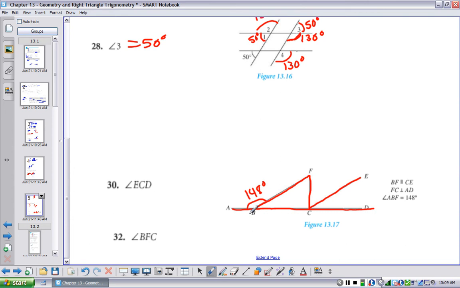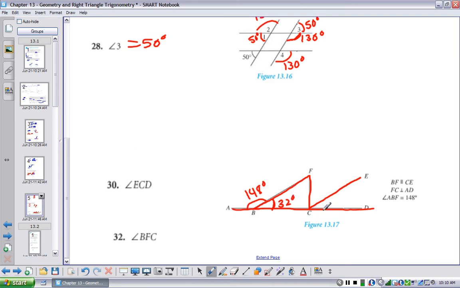Well, because these lines are parallel, corresponding angles are going to be equal. This angle here, FBC, forms a straight angle with ABF. So the sum there is 180 degrees, so this angle is 32 degrees.